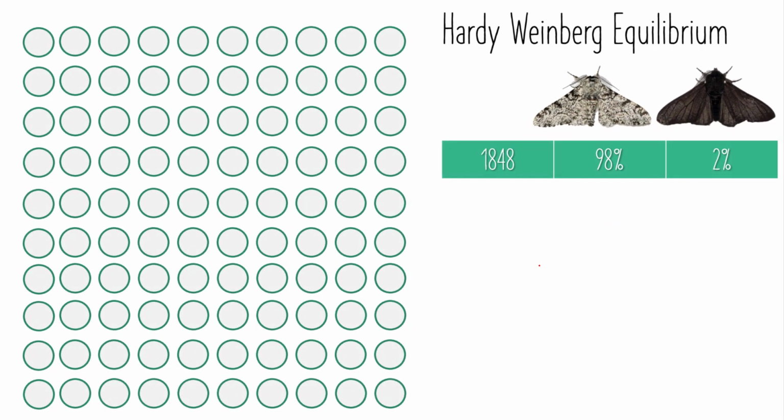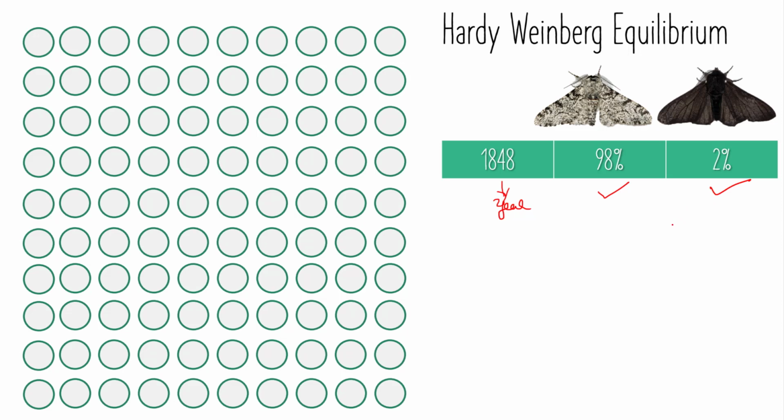Now, when we talk about the Hardy-Weinberg equation regarding these alleles in the population, around the year 1848, when we look into the allelic frequency of light colored as well as dark colored moths, 98% in general are the light colored moth, and only 2% are the dark colored.